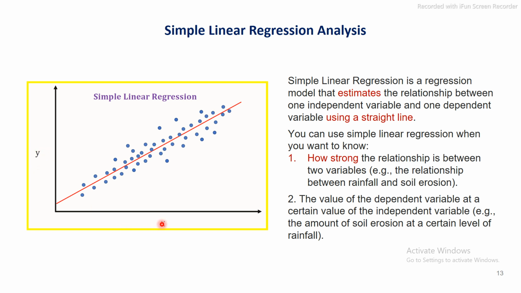M is the slope and c is the intercept. Anything cutting the y-axis is called c. From 0 to this red line, whatever is cut on the y-axis is c, called the intercept. So simple linear regression is nothing but a straight line equation.